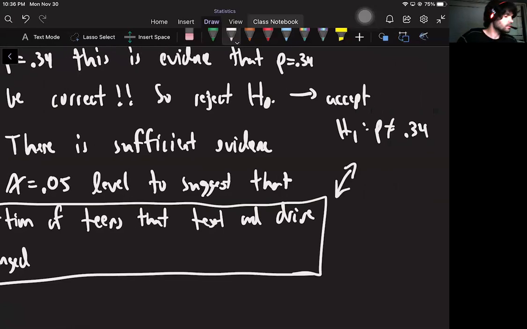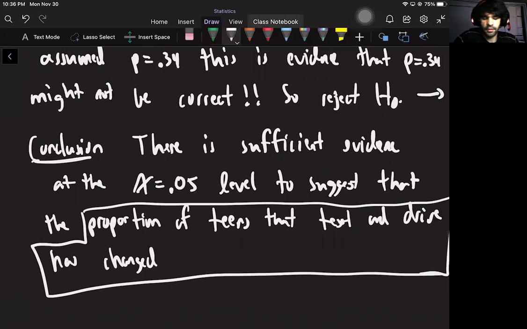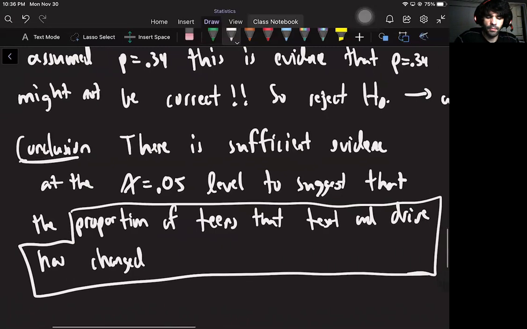From math to words. Okay, so in all the examples we've done so far, I keep making it so that there is enough evidence to suggest that blah de blah happens.